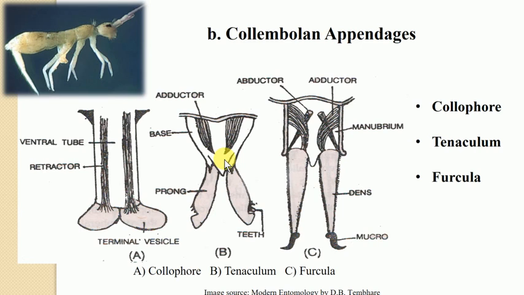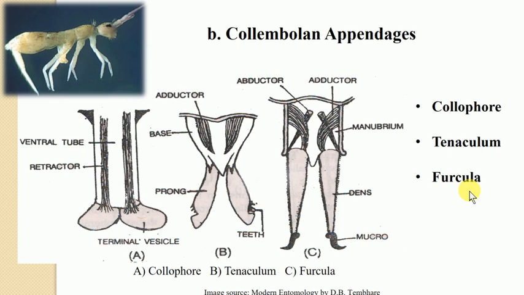Now this organ helps in the springing process by holding the flexed furcula. The function of this tenaculum we will discuss after the description of the furcula. Okay, so up to this you can just remember this tenaculum is responsible for holding the flexed furcula. So this is about the tenaculum.